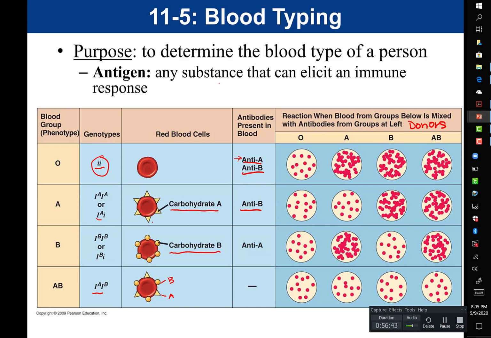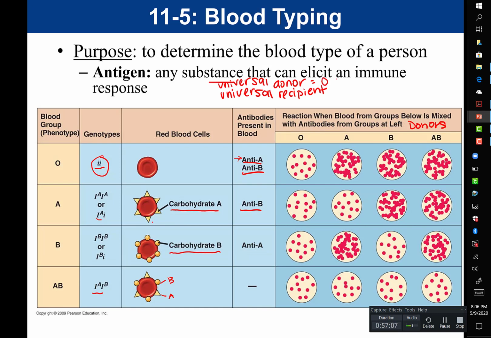So we have what we call the universal donor and the universal recipient. So of these four blood types, which one can give to everybody?